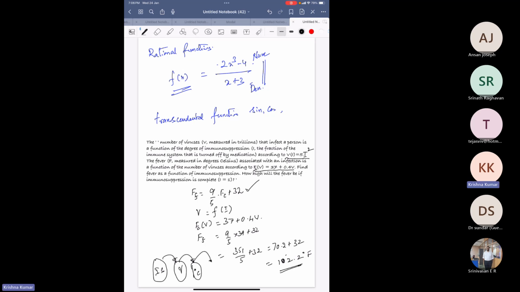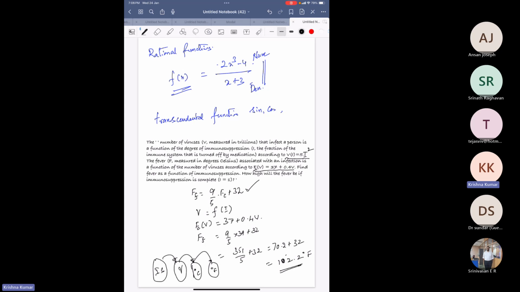Then we go to what is called the Fahrenheit scale. So we first calculate V, then calculate centigrade, then calculate the Fahrenheit. It looks straightforward, but this is exactly what we meant by a composite function, one acting on the other.